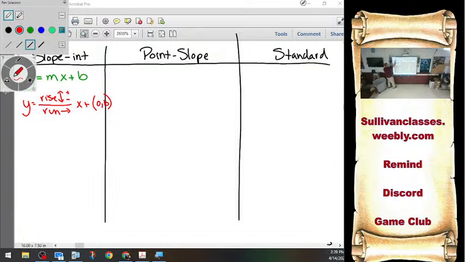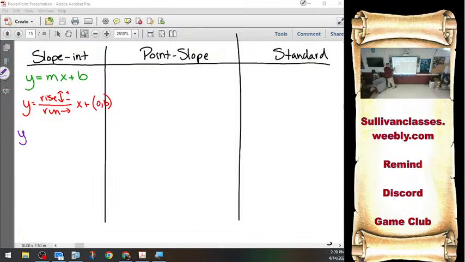If I wanted the words, though, yep, y equals rate x plus start. That's typically what we're going to see. So when they tell me it costs $20 to get into the amusement park and then $2.50 per ride, well, they told me how much I started with. They told me what my rate was. So y equals 2.50x plus 20.